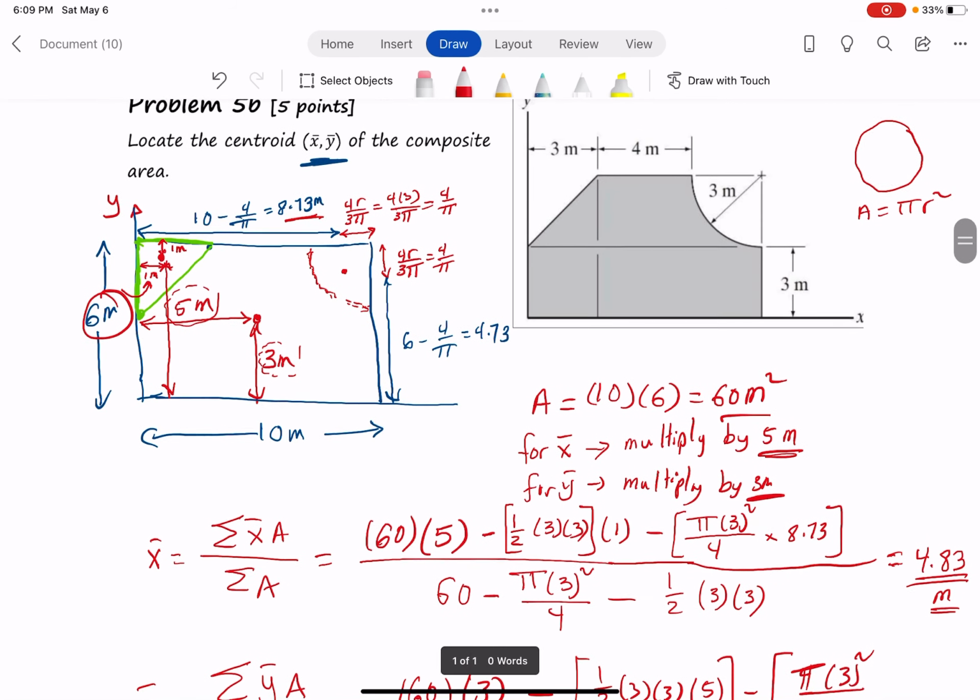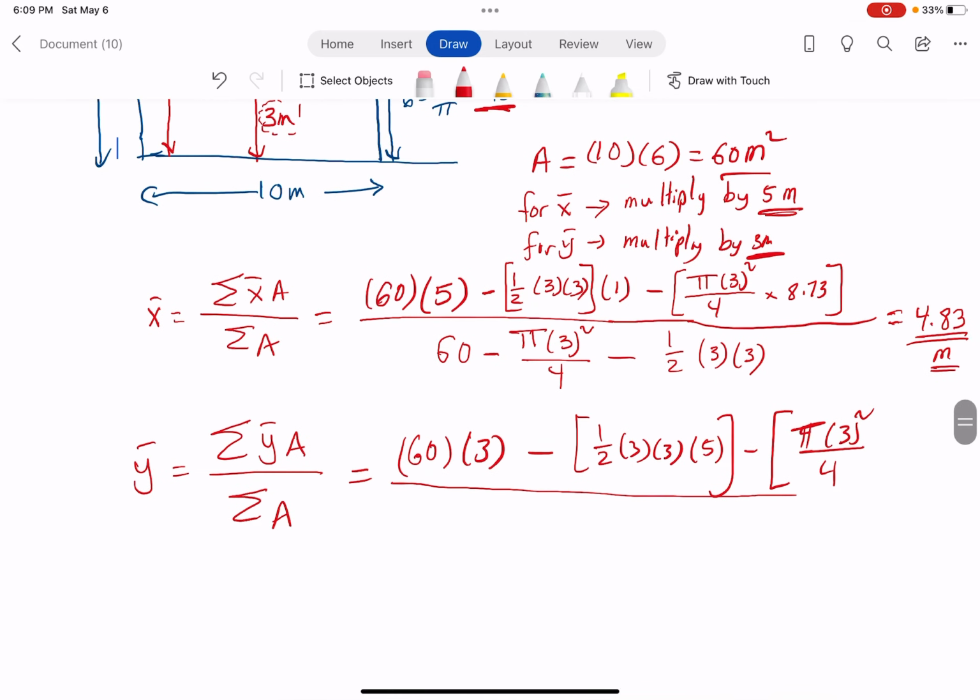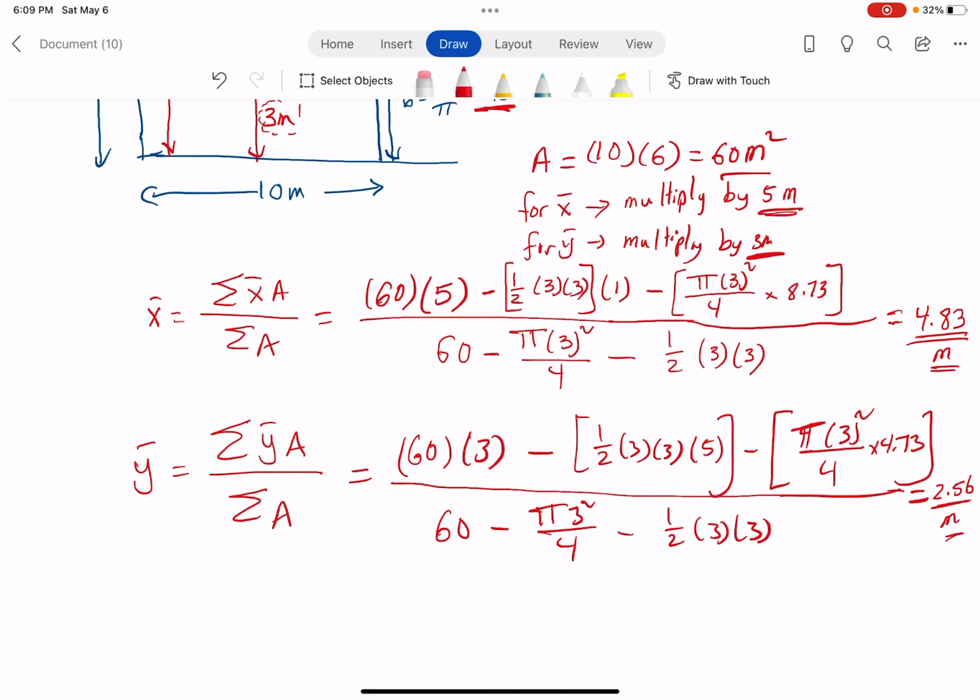What is the distance from the x-axis? We did find it here, 4.73. Times 4.73, divided by the total area, the same thing we did up, pi r square over 4 minus 1/2 times 3 times 3. Put it into your calculator, it will give you 2.56 meter.